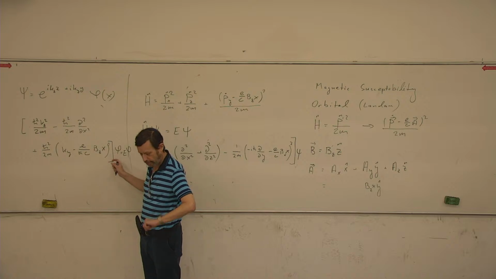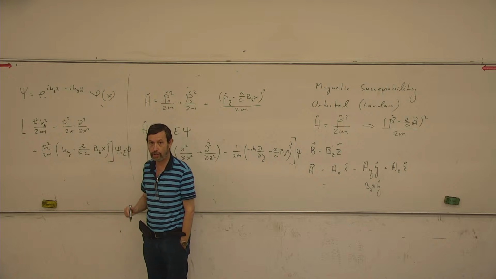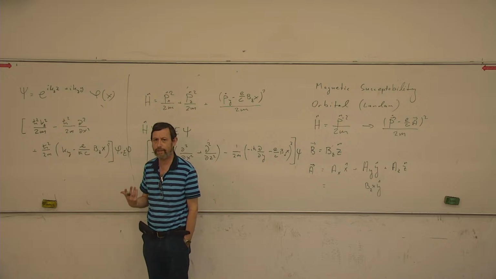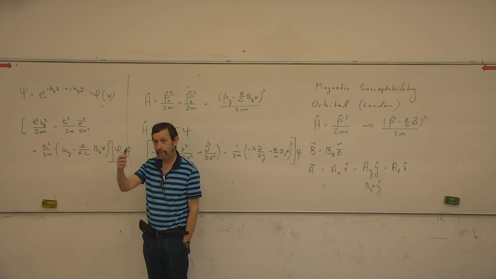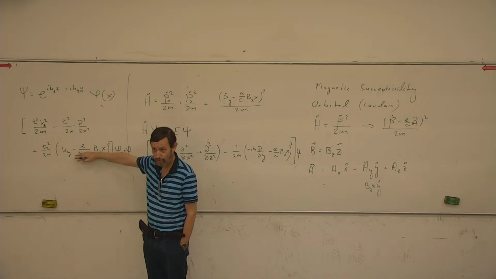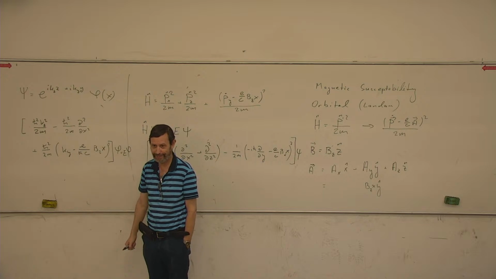We'll do the details in the next lecture, but what is the physics here? The electron is spinning around a point. So in one direction, you basically have harmonic oscillator motion classically. Quantum mechanically, you have the equation of a harmonic oscillator.